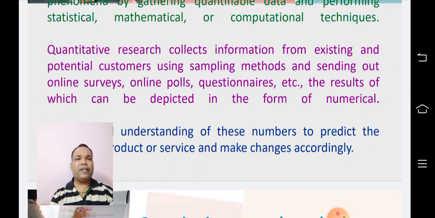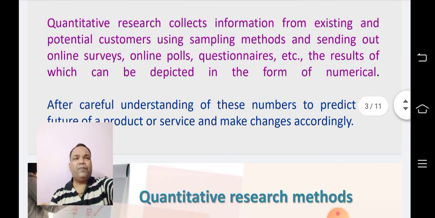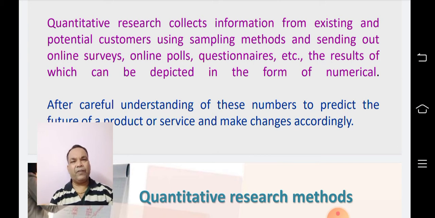Quantitative research collects information from existing and potential customers. Customers here means people, units, using sampling methods and sending out online surveys, online polls, questionnaires, etc., the results of which can be depicted in the form of numerical.